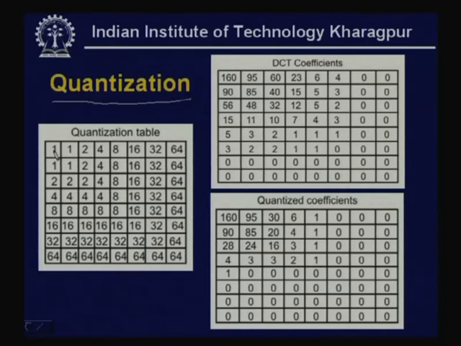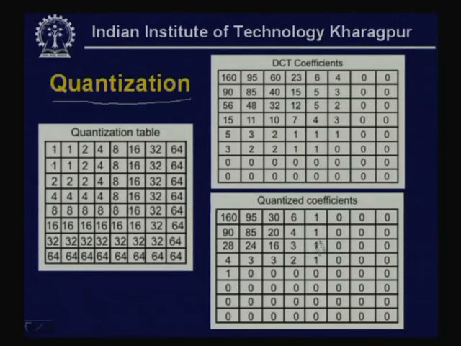For example, these 4 values are divided by 1, then this row and this column values are divided by 2, then this row and this column values are divided by 4, and in this way the last row and last column is divided by 64. As a consequence, if this is the original discrete cosine transform coefficients, after performing quantization you can see the number of zeros has increased.